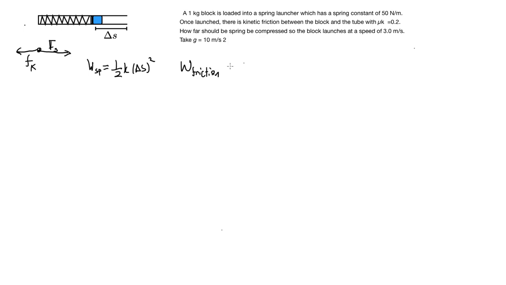It's equal to the magnitude of the friction force, magnitude F k, now I'll draw an arrow to indicate the magnitude of the vector, times the magnitude of the displacement vector times the cosine of the angle between them. Because the displacement is forward and the friction force is acting backwards, the angle between them is 180 degrees.